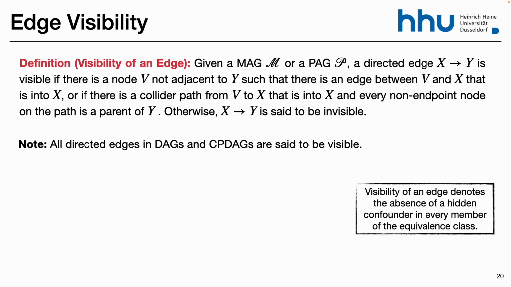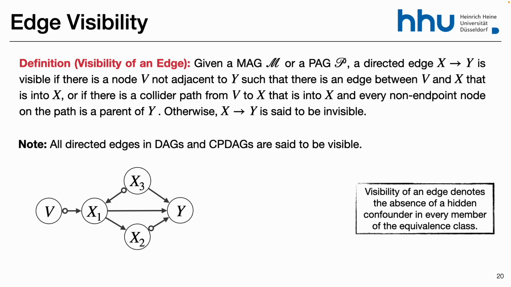So we have this concept of visibility. Let's put the example here. If there is a node that's pointing to a variable, and this node is not adjacent to the other variable, let's consider this directed edge from X1 to X2 in a PAG.